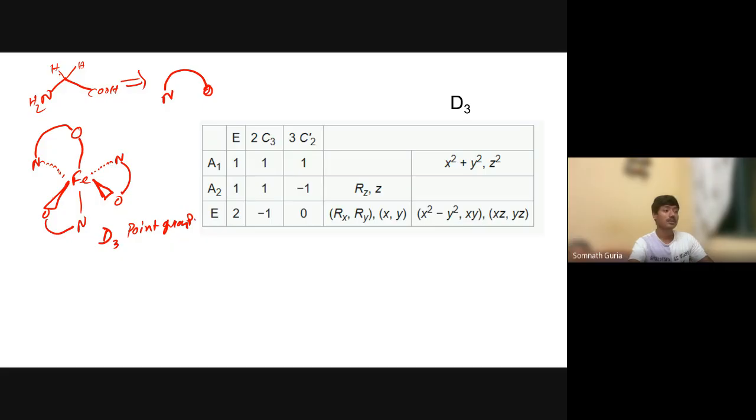Let's talk about its character table. Let's suppose this is the orbital A1, which has the linear motion. We did not find any linear motion in A1.